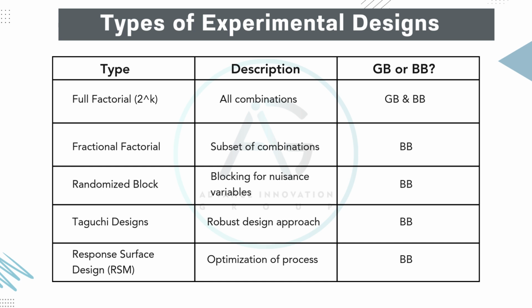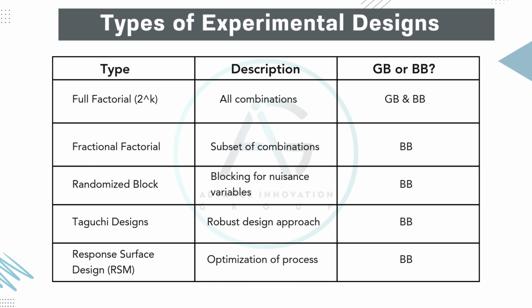It provides detailed insights and is suitable for both green belts and black belts. Fractional factorial design. When testing all combinations is too costly or time-consuming, we use a subset of combinations. This helps in identifying main effects and is primarily used by black belts.